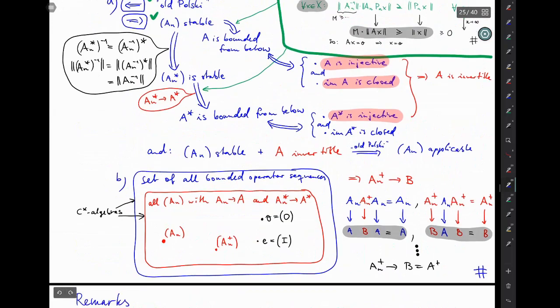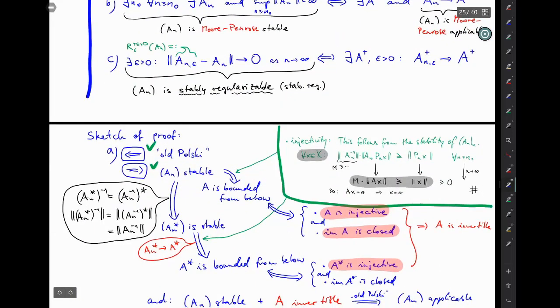Many slides ago. One more. Here we go. So it says that there exists an epsilon greater than 0 such that the difference of the epsilon TSVD regularized AN and the unregularized AN goes to 0 in the operator norm, as n goes to infinity, epsilon is fixed. Existence of such an epsilon is part of the definition.